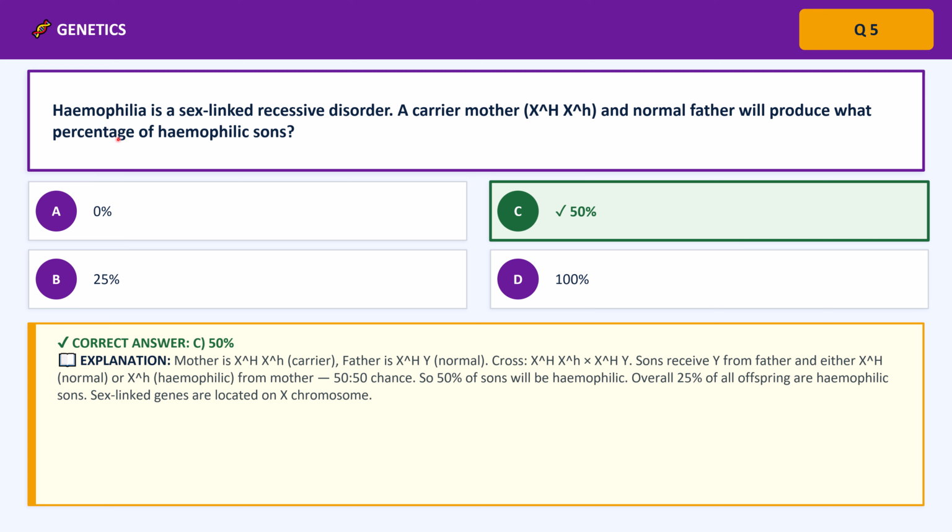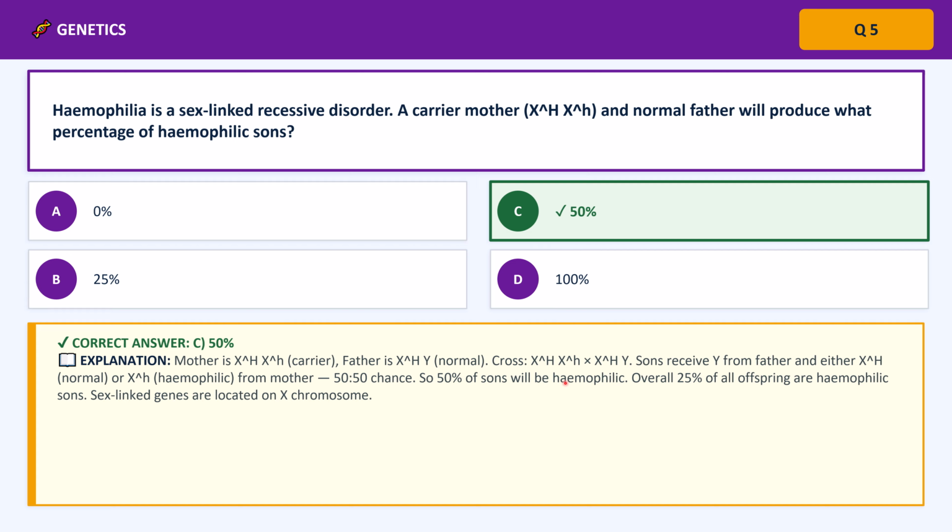Question 5. Hemophilia is a sex-linked recessive disorder. A carrier mother, XHXh, and normal father will produce what percentage of hemophilic sons? It's option C, 50%. Explanation: mother is capital X capital H and capital X small h, carrier; father is XHY, normal.